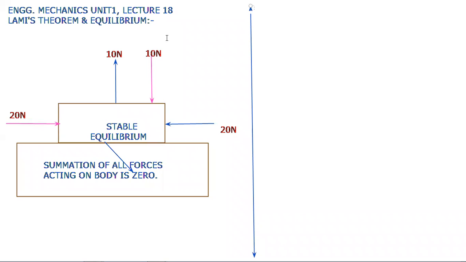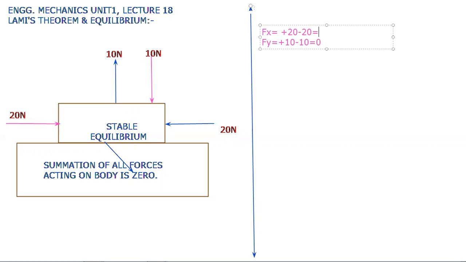If we go technically, by just observing this we can tell, but if we go technically, then Fx will be equal to plus 20 minus 20, plus 20 minus 20, and Fy will be equal to plus 10 minus 10.